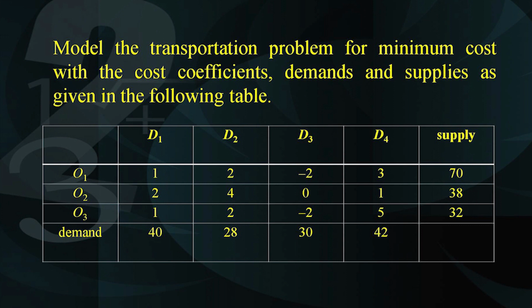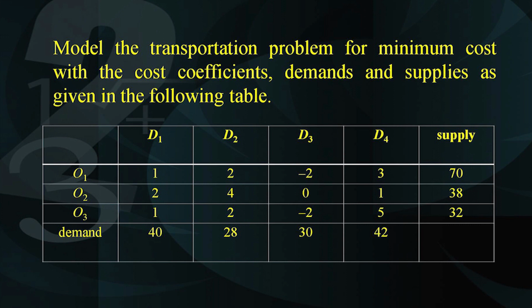So, this demand is equal to 40, that is why this equation comes, and similarly for the other 2 columns the demand has to be met and therefore, we get these 3 equations, and as I said before, all the Xij's should be greater than or equal to 0 and they should be integers.